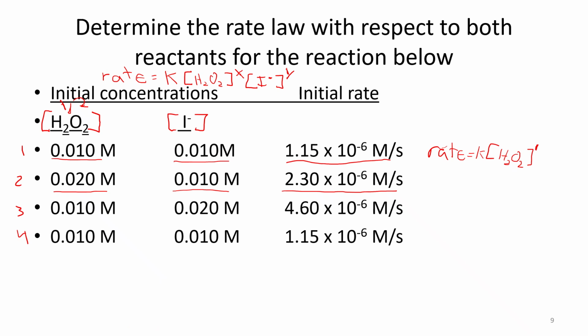I'm also going to change the color. This time, I'm concerned about my other reactant, which is the iodide ion. So I'm looking at my concentrations here. I notice that this is the only experiment where the concentration changes at all.